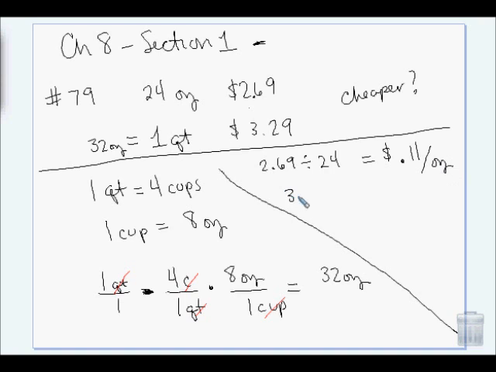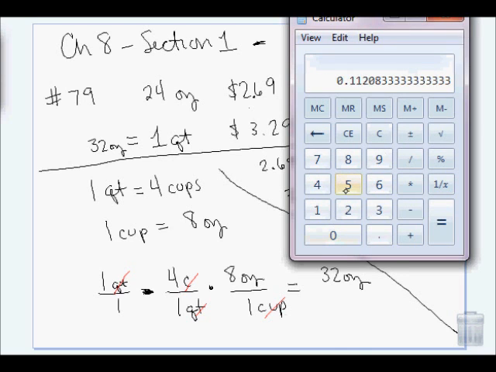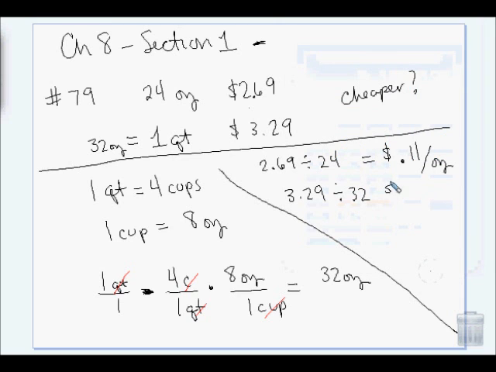And then I'm going to do $3.29 divided by 32. And that's 10 cents an ounce, essentially. Okay. So the quart is the better deal because it's only 10 cents an ounce as opposed to 11 cents an ounce. So you'd want to buy the quart.